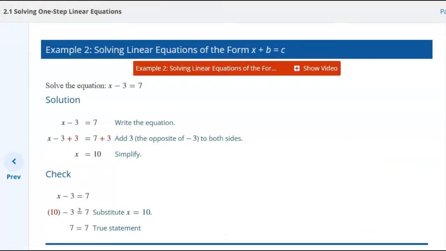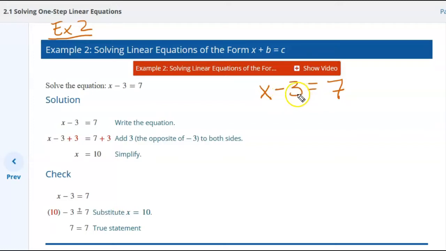So going on in your notebook, you're now going to put example 2, and we'd like you to highlight that. And I'll write it out big for you, and this is what you should have in your notes. So we have a rather simple example where basically what you want to do on one side is isolate to get to the x all by itself, and then a number on the other side. So going into our toolkit, what can we add to a negative 3 to make it 0?